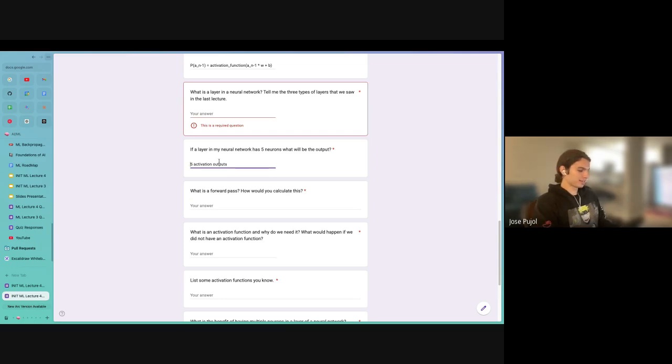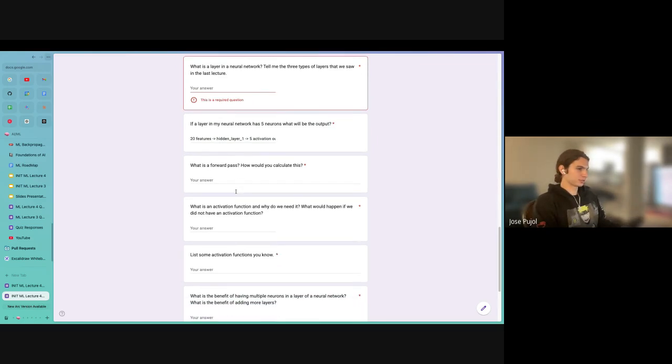So if you have 20 features that come into a layer, let's say this is hidden layer 1, and there are 5 neurons there, then it's going to output 5 activation outputs and pass them along to the next layer. I wasn't trying to trick anyone.